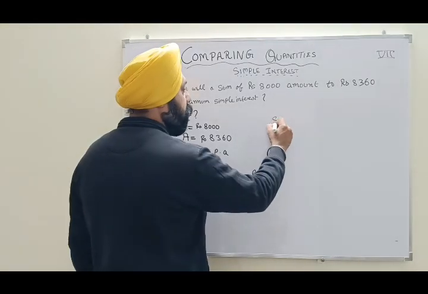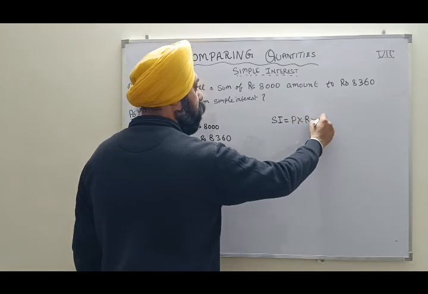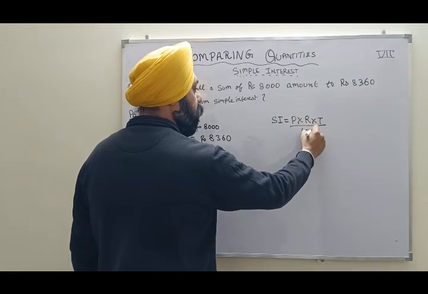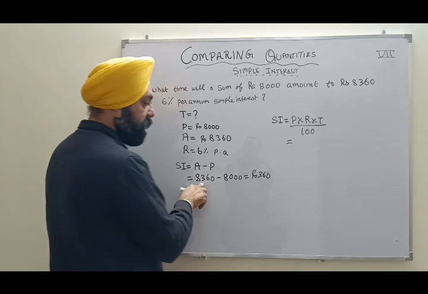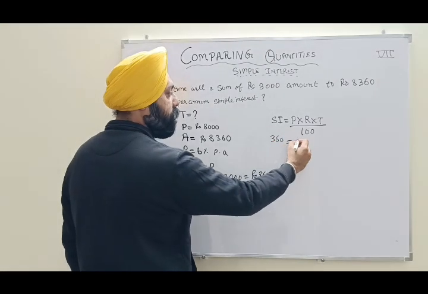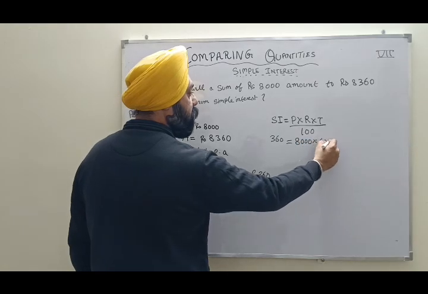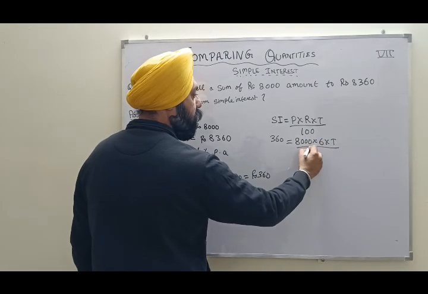Now using the formula, simple interest is P into R into T upon 100. In place of simple interest, we will put 360. In place of principal, 8,000. Rate of interest is 6 and this is time upon 100.